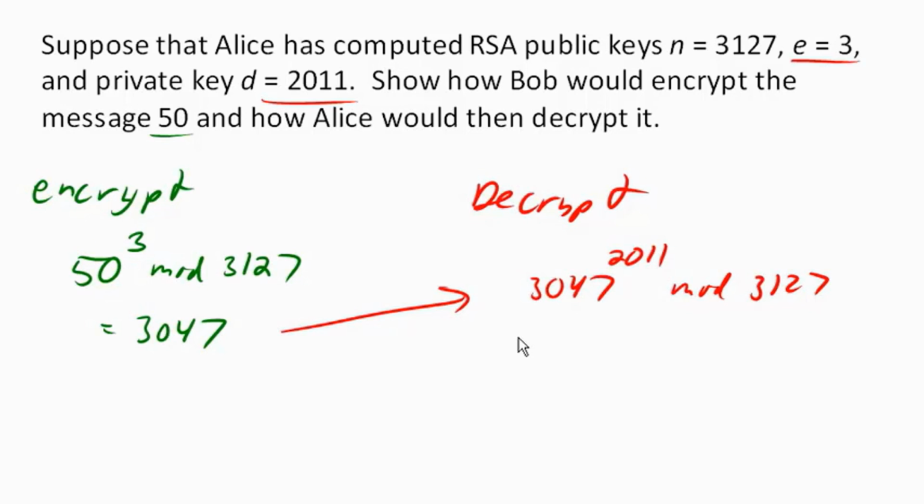And this turns out to be 50. Right? And again, the whole idea here is it's based on E and D being picked so that 50 to the third to the 2011 gets you back to the original message. But again, even if somebody has the public keys, there's no easy way for them to find the private key from them.